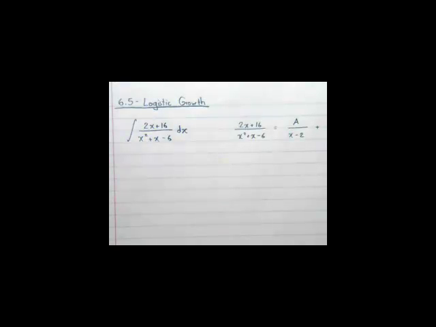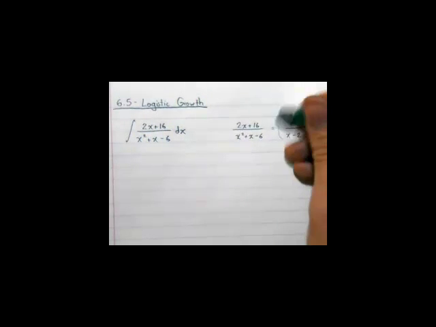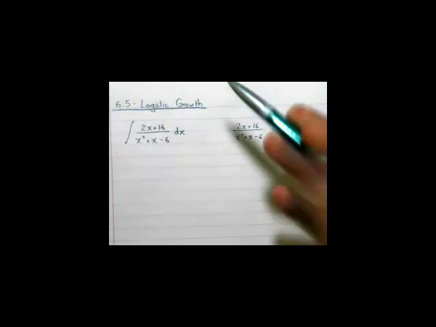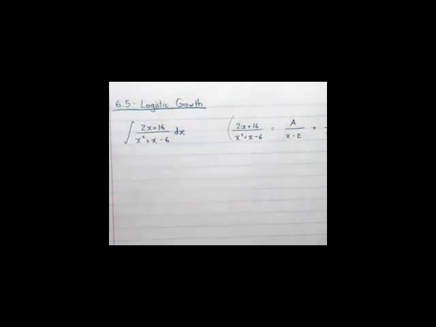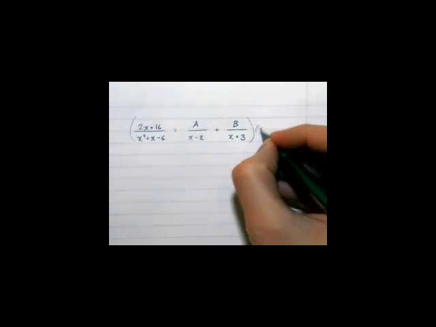All right. So, anybody remember the process that we took from this stage to find the a and the b? No? Okay. Well, if you take, actually, not there, the whole thing. If we multiply this entire equation by x minus 2 and x plus 3.